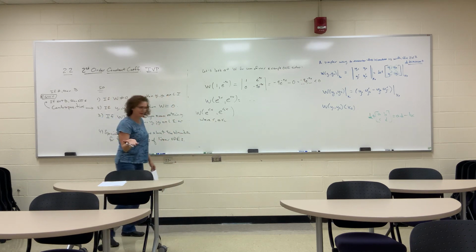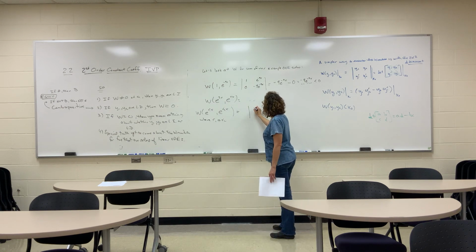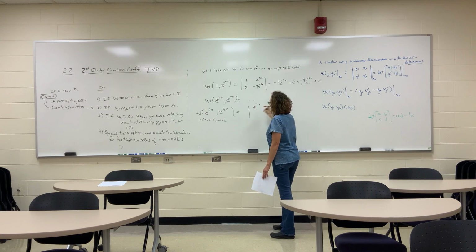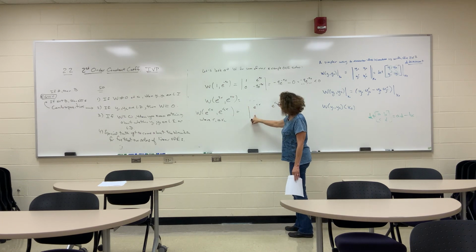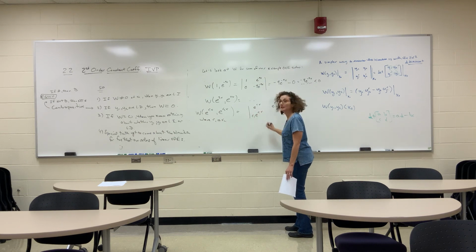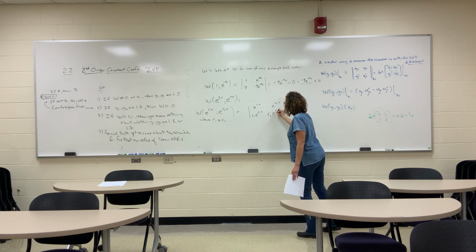Case 1 of our constant coefficient equations, right? What do we have? e to the r1x on top, e to the r2x. This is just a special case. What's down here? What's the derivative of e to the r1x? Good, r1 e to the r1x. What's the derivative of e to the r2x? r2 e to the r2x.